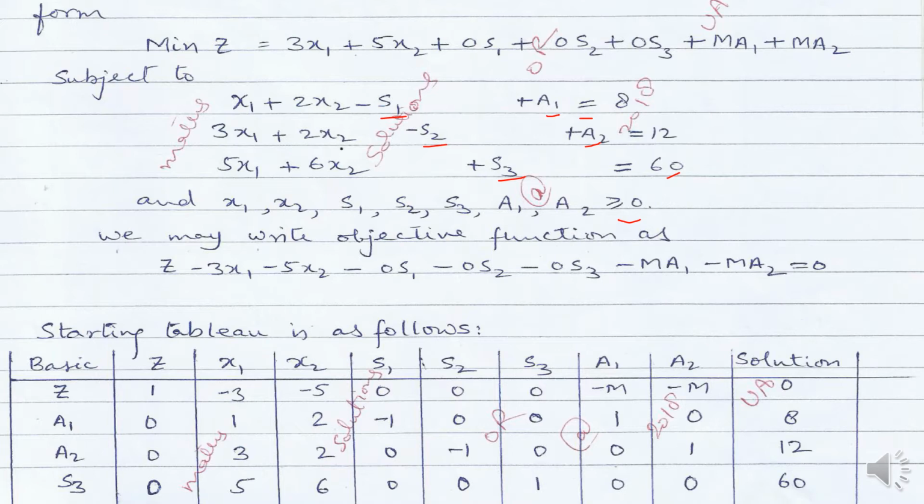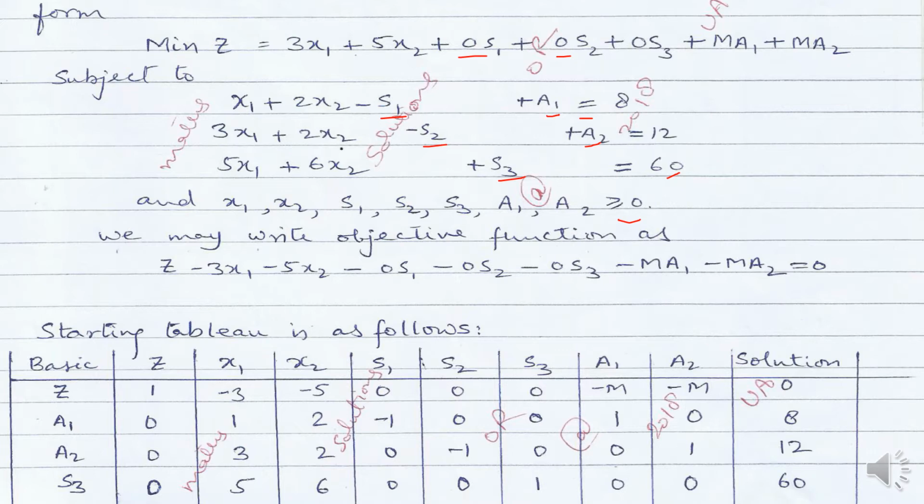So we go back to the objective function: minimize z = 3x1 + 5x2 + 0s1, because we have taken it as a surplus variable, + 0s2, this is also surplus, + 0s3, this is the slack variable, + Ma1 + Ma2.